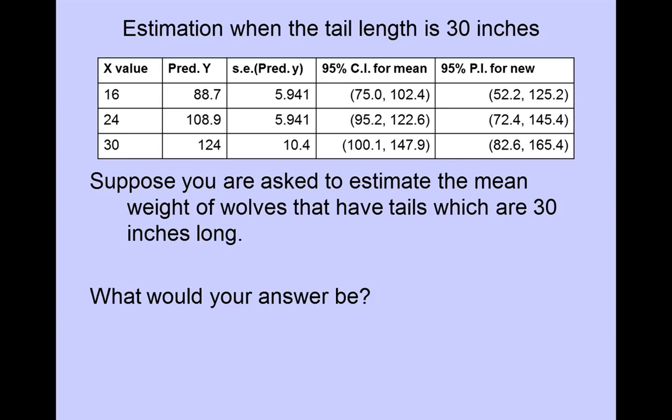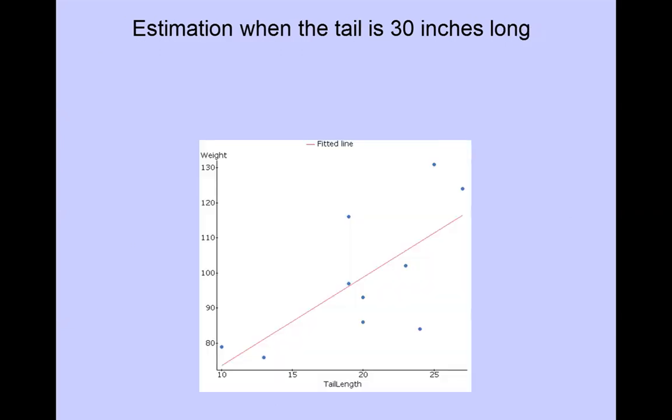Now, suppose you are asked to estimate the mean weight of wolves that have tails which are 30 inches long. What would your answer be? 30 is the bottom row of this table. Now consider our data again.